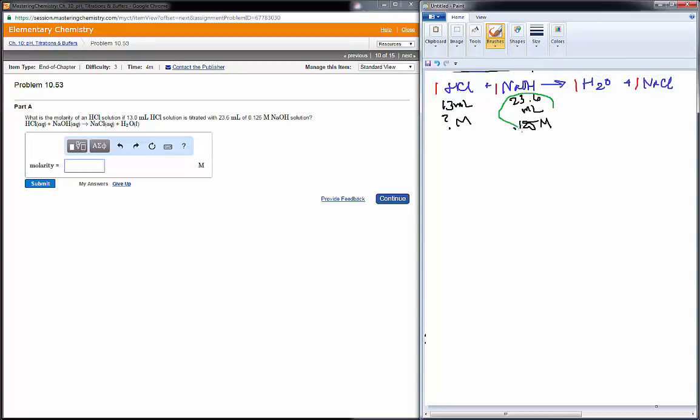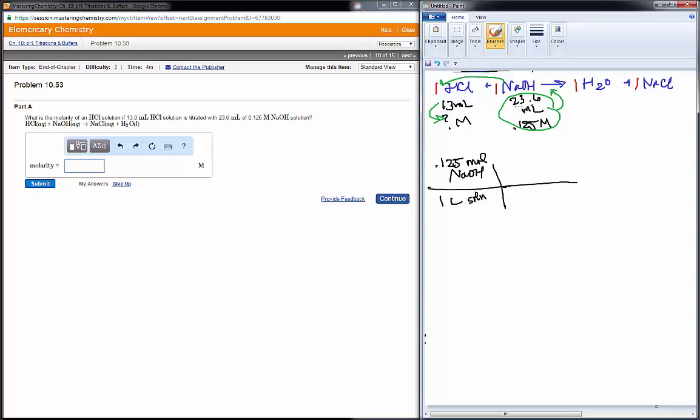You're going to use milliliters and molarity to determine number of moles. You're going to use that mole ratio to determine number of moles of this. And then moles divided by milliliters is going to give me molarity. So it looks like this. 0.125 moles of NaOH in every 1 liter of solution.